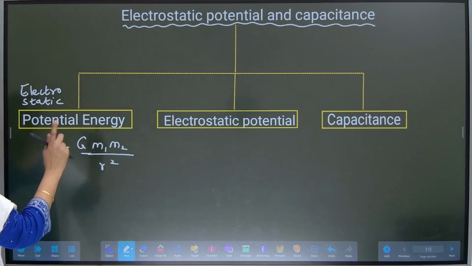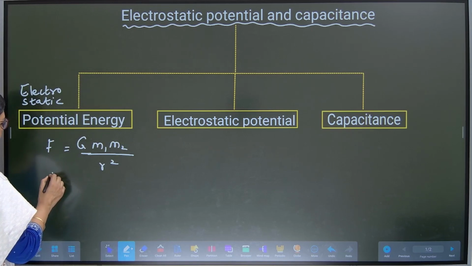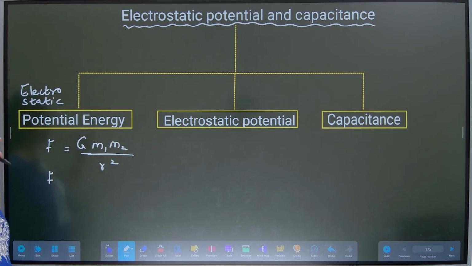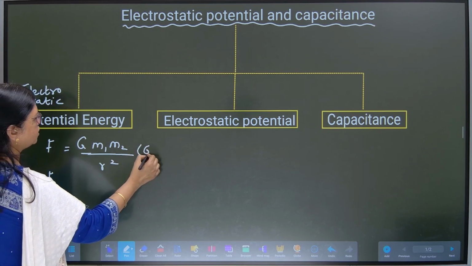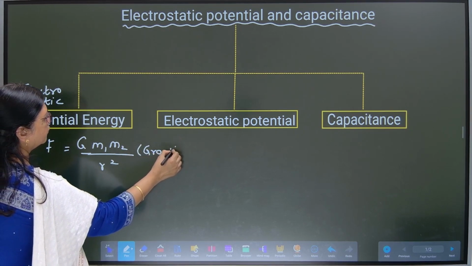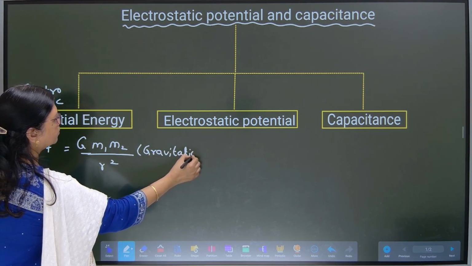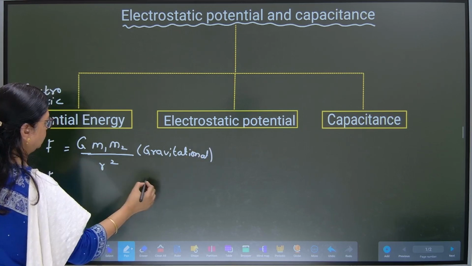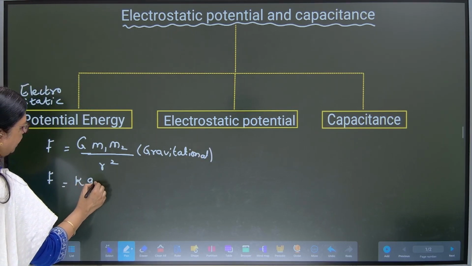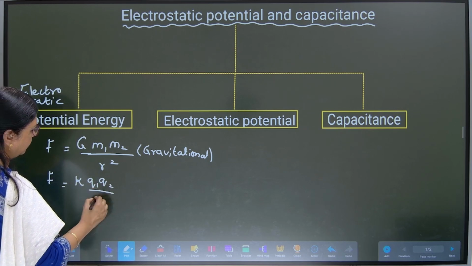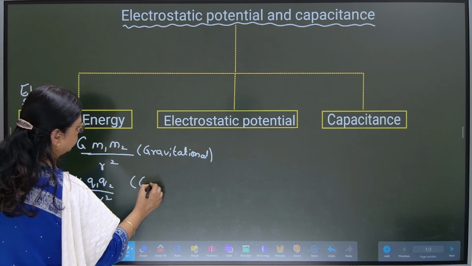Exactly the same, in chapter number 1 we have learned the force between two charges, which was Coulomb's law. This is the gravitational law. And this is Coulomb's law, K Q1 Q2 upon r square.